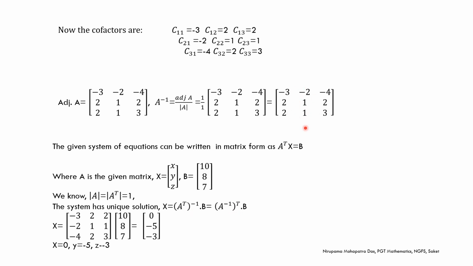A inverse we already have, so it is transpose of A inverse into B. Here we took its transpose into B matrix. So we have multiplied transpose of A inverse into B, and it is coming 0, -5, -3. So we are getting X equal to 0, Y equal to -5, Z equal to -3.